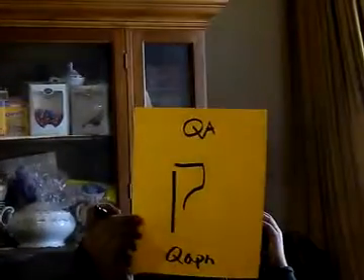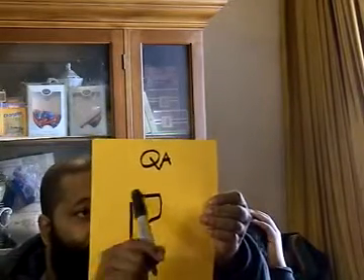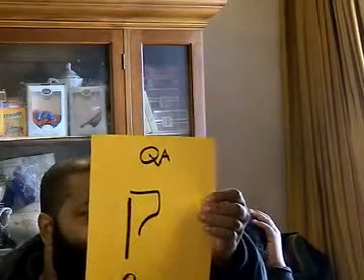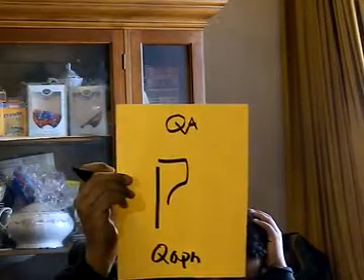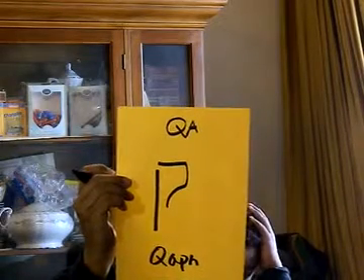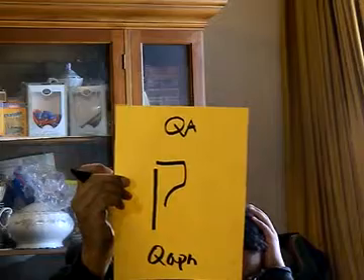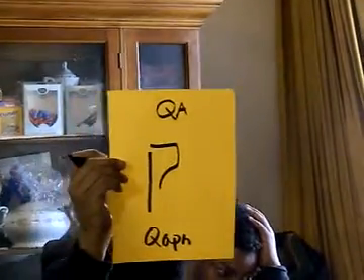It's basically a long line down, and then the overhang with the loop at the end. Like a backwards P, almost. Close, right? Everyone got it? Alright.